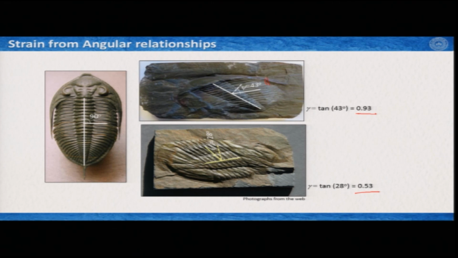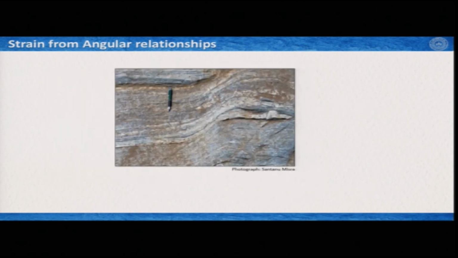We can do a similar strain analysis from a very simple shear zone. So, what we see here in this photograph is that this layer which was supposed to be like this, now got deflected this way. So, this angular deflection is probably due to some sort of shearing.